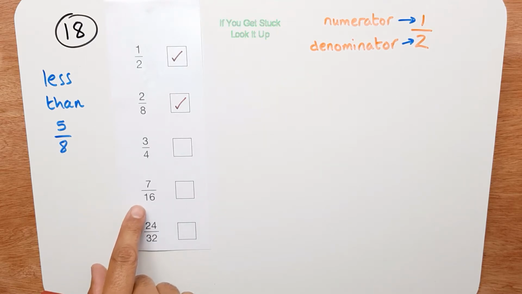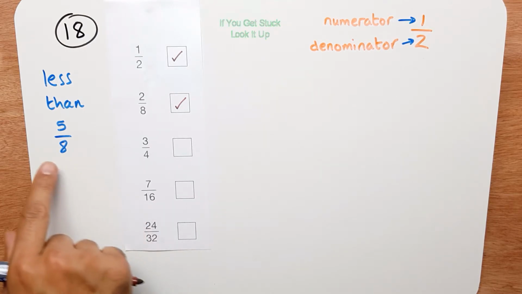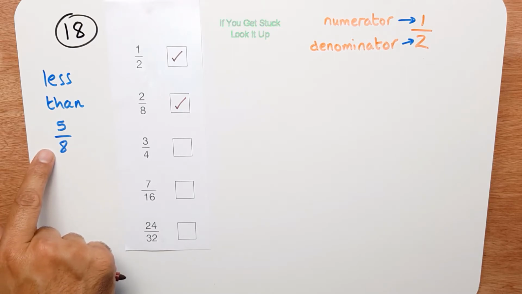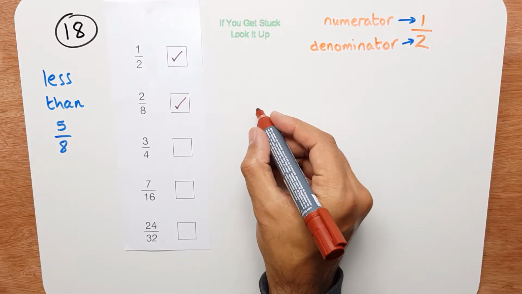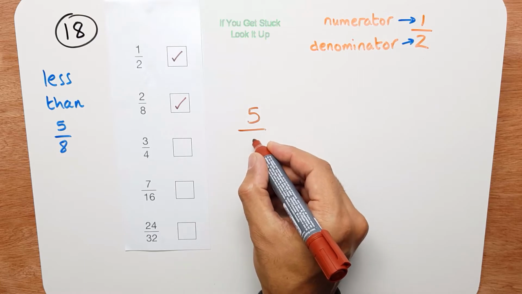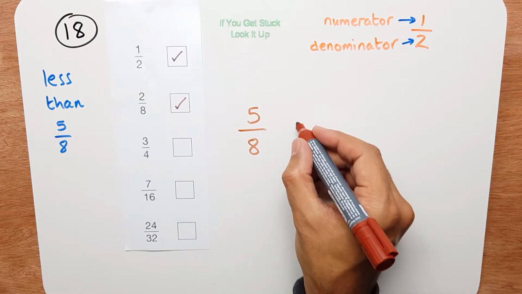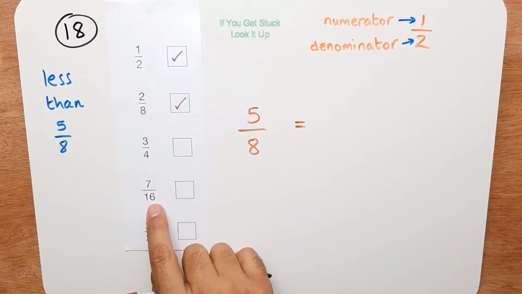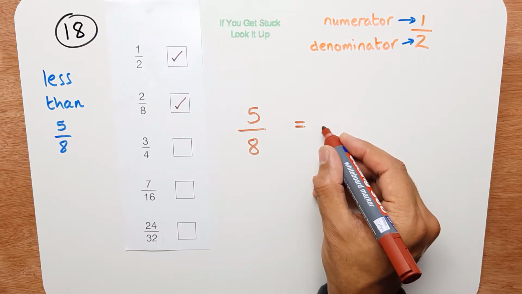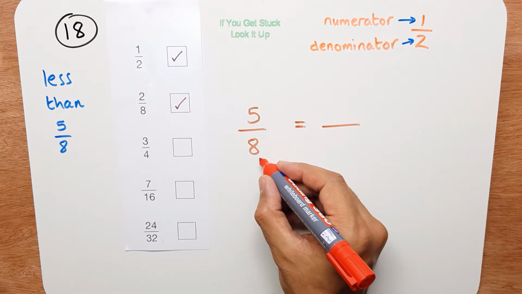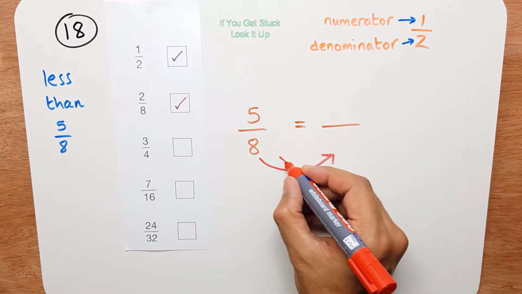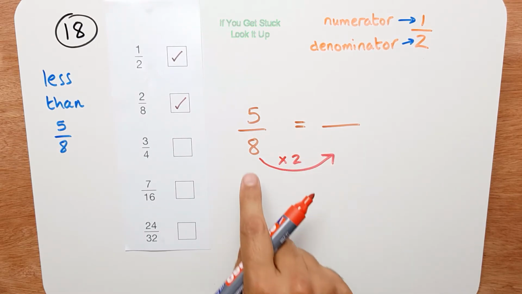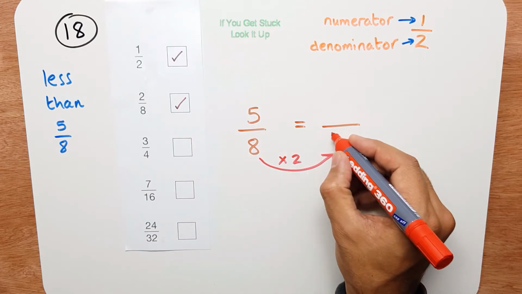Now with this next fraction, it would be easier turning 5/8 into 16ths. So I'll show you. I've got 5/8. And how can I turn it into a 16th so I can compare it with this? That's the question. So if I do 8 times 2, I'll get 16.